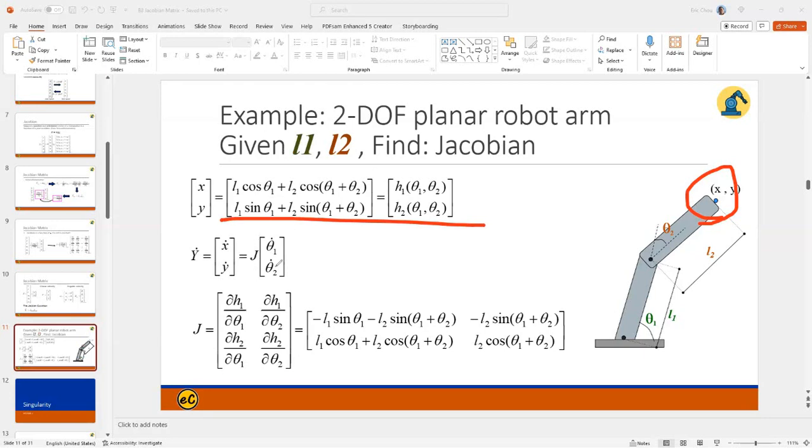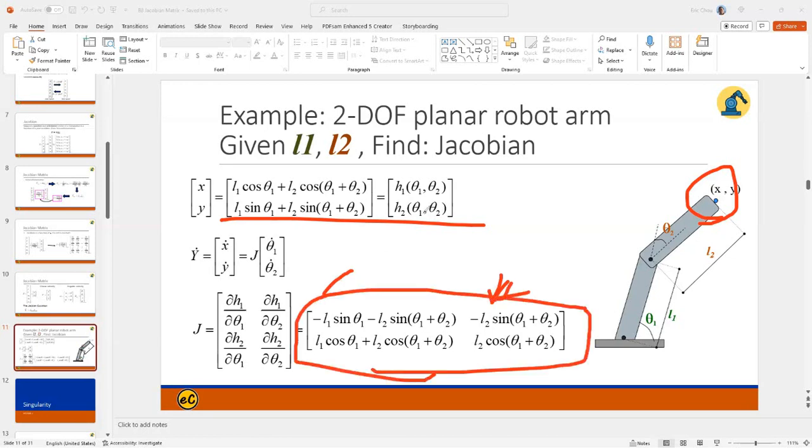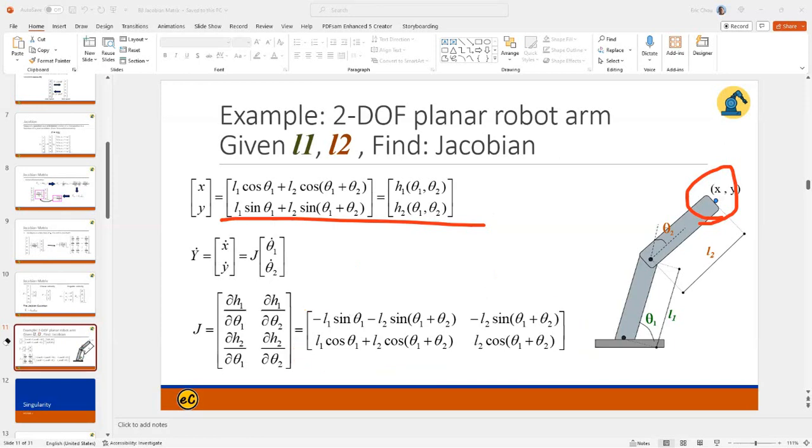We take the partial derivative on it and create the Jacobian matrix, and that is what we use to calculate the velocity changes.